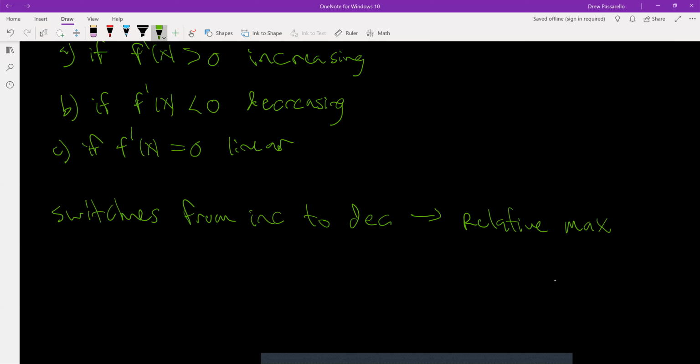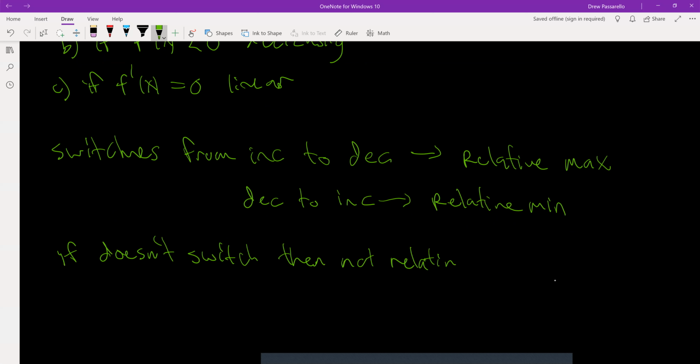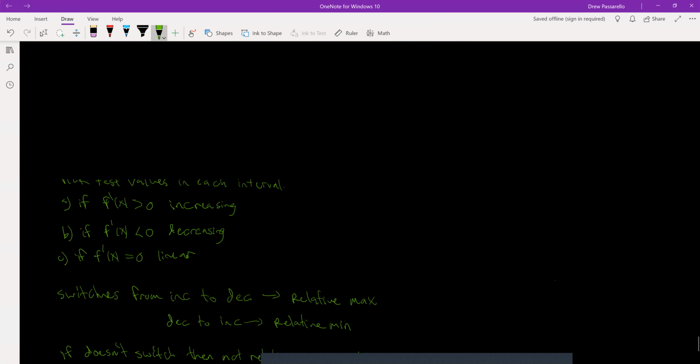Decreasing to increasing, relative min. Now, if it doesn't switch, then it's not a relative max or min. All right, that's what the first derivative test entails.